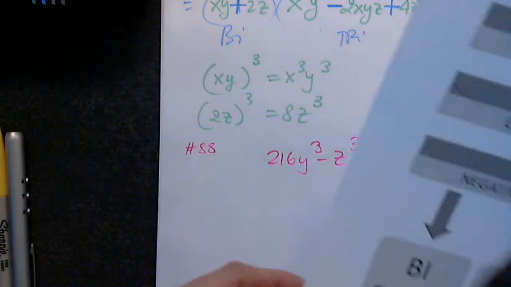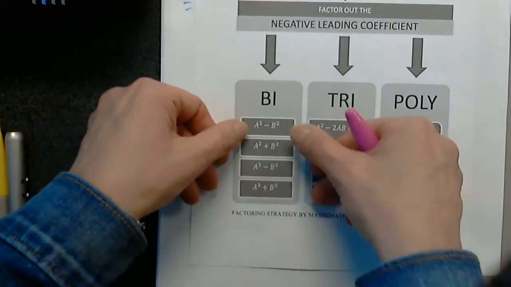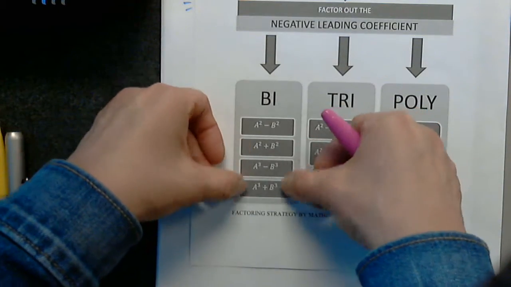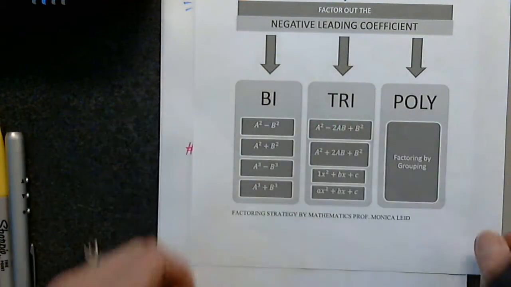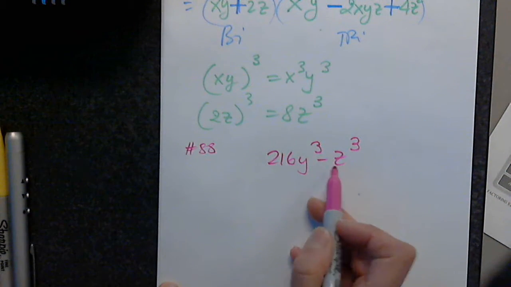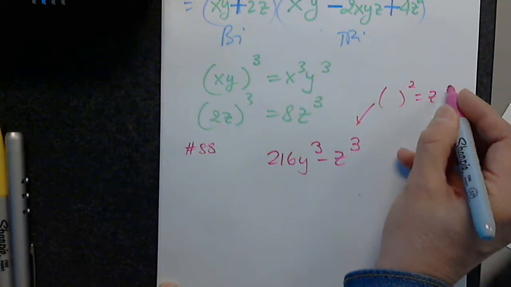And I'm looking at the ones with binomial. This is a difference. So then I can have the difference of squares or the difference of cubes. Obviously, the sum has no place in here. So the question is, is this a perfect square or a perfect cube? There is nothing I can square to get z cubed.